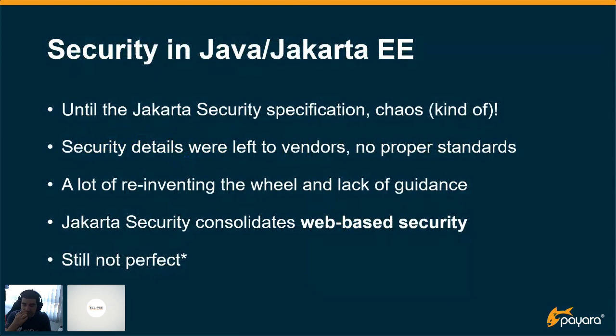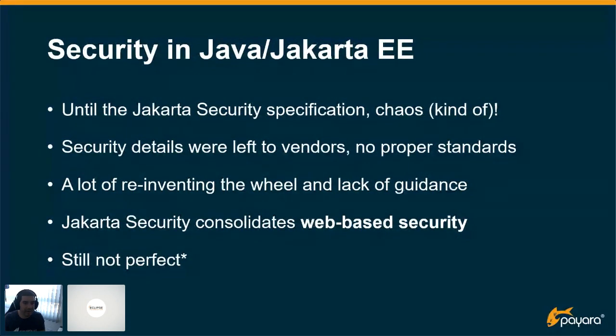So on Jakarta EE, usually security has been chaos in a sense until the Jakarta Security specification, previously known as the Java EE Security specification. There was no proper centralization of how security was done. The details were usually left to vendors.